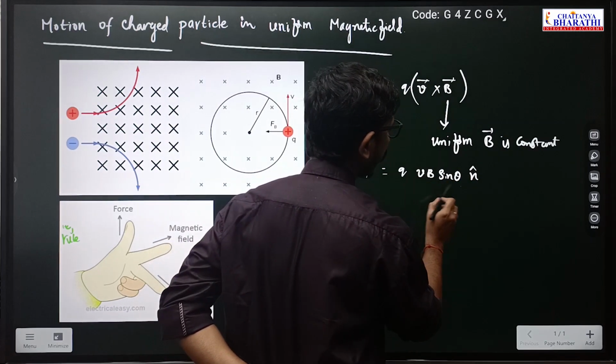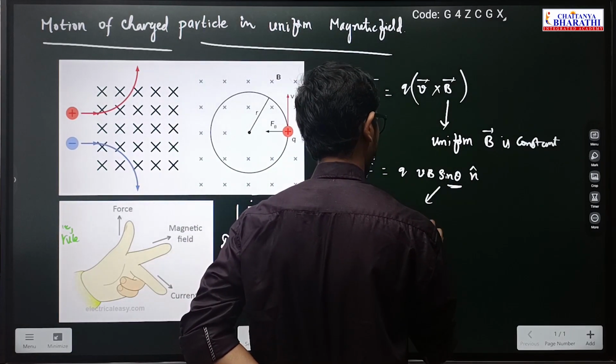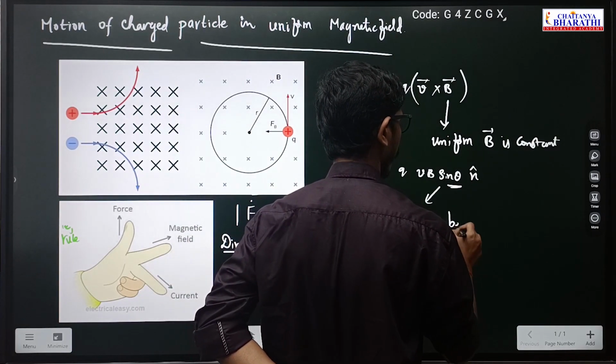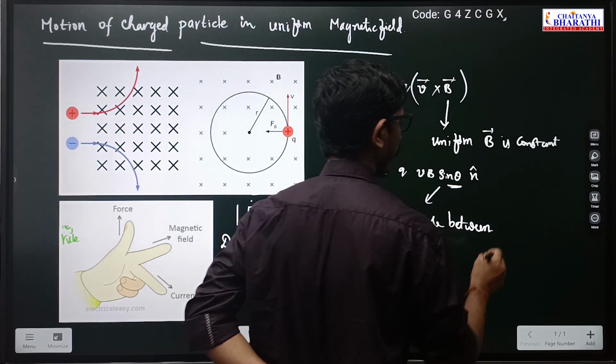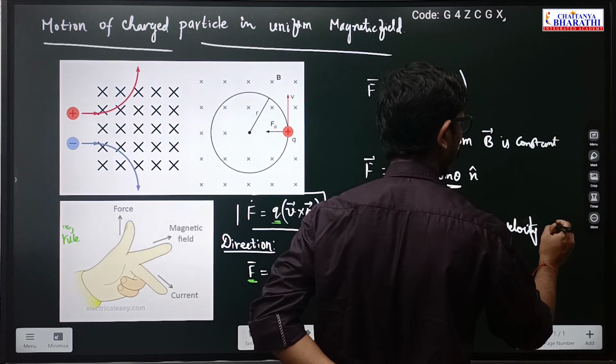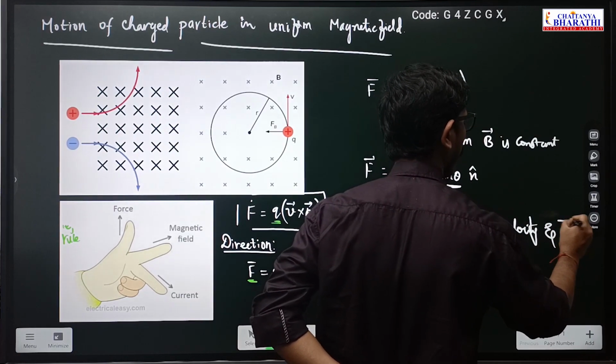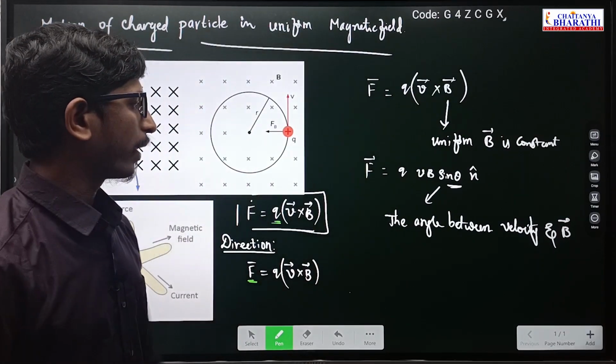What does theta stand for here? It is the angle between the velocity vector of the charged particle and the magnetic field vector.